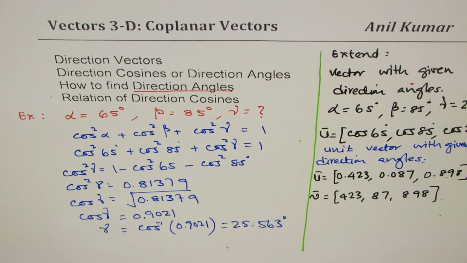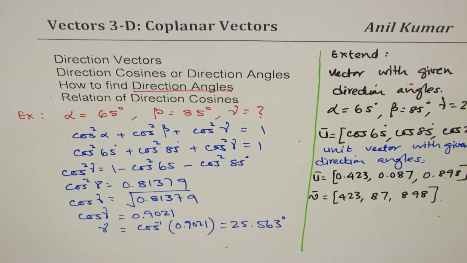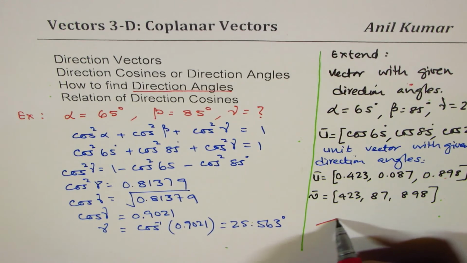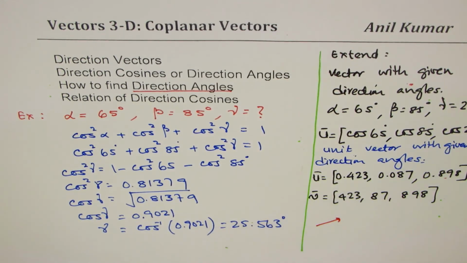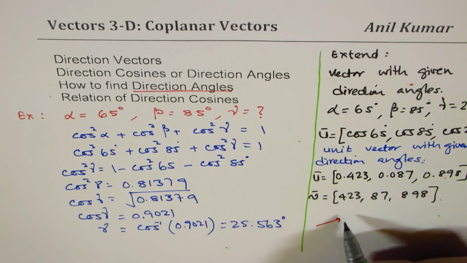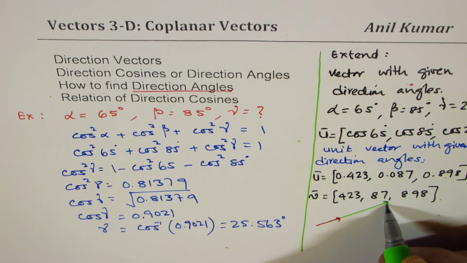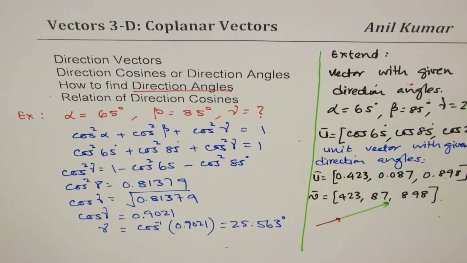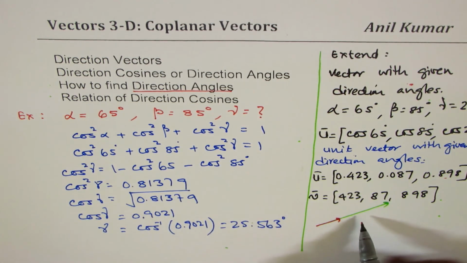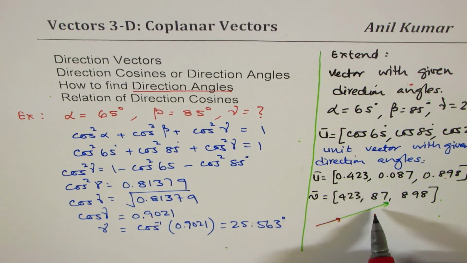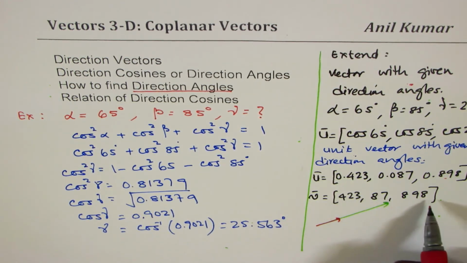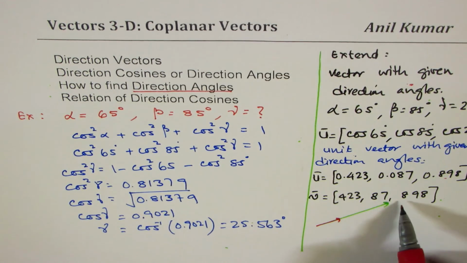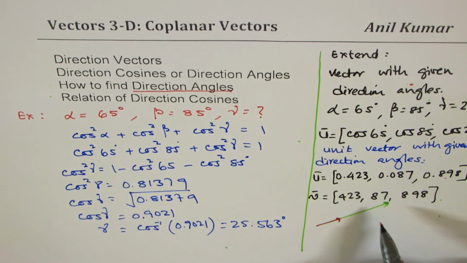Do you see that? So what we are saying here is that vector u is kind of like this, and vector v is like 1000 times this. So it's in the same direction. The direction angles are going to be exactly the same. The magnitude will be 1000 times in this case. They are collinear vectors. Perfect.